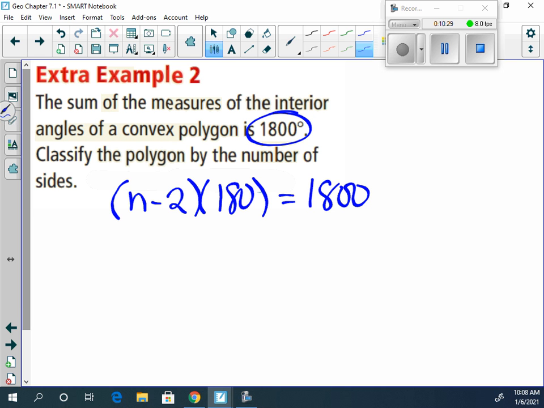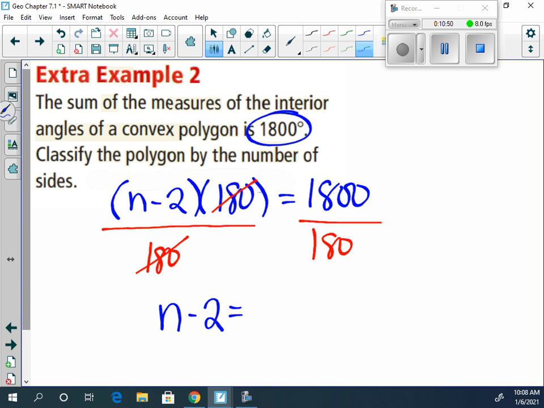So what do we need to do first to solve for the number of sides? We're going to divide both sides by 180, because 180 divided by 180 will simplify down, leaving me with n minus 2 is equal to... anybody have an idea of what 1800 divided by 180 is?